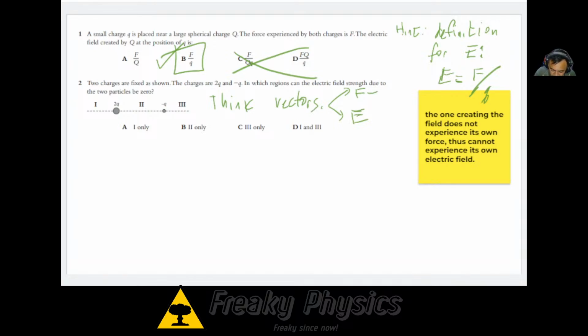So here, think motion. In electric field, think pointing. Because we have electric field here, we need to think which way it is going to point.